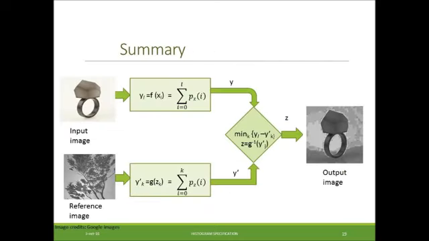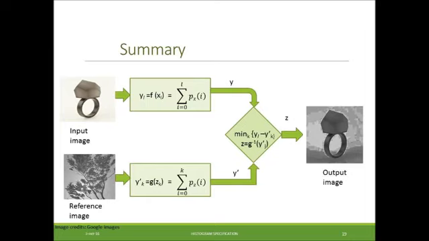Now let's summarize the mathematical procedure. We are given two images. The first one is the input image whose histogram is to be changed, and the second one is the reference image whose histogram is taken as a reference.